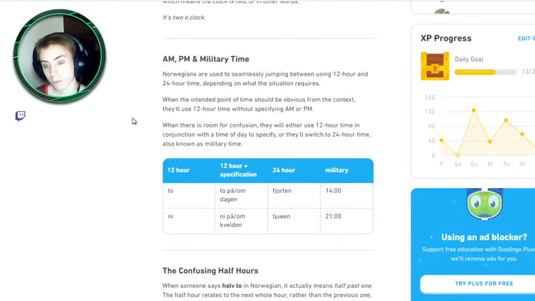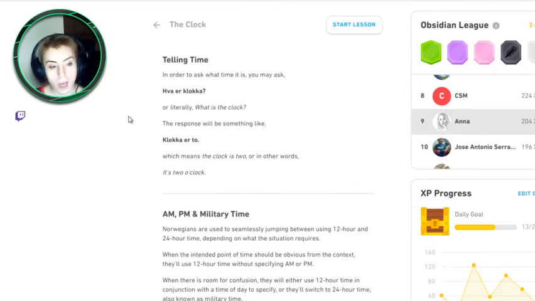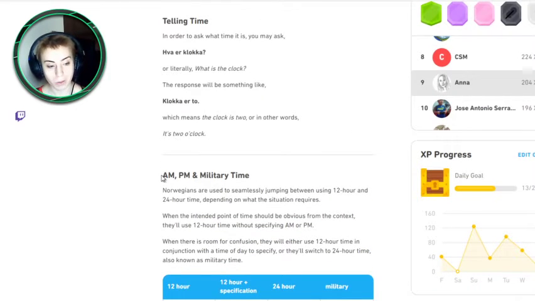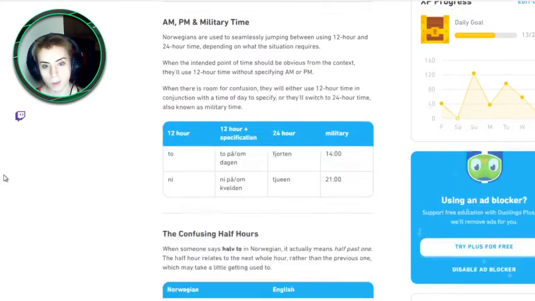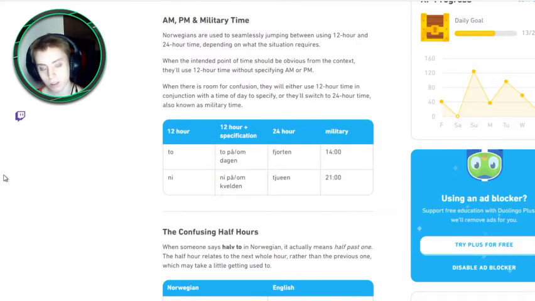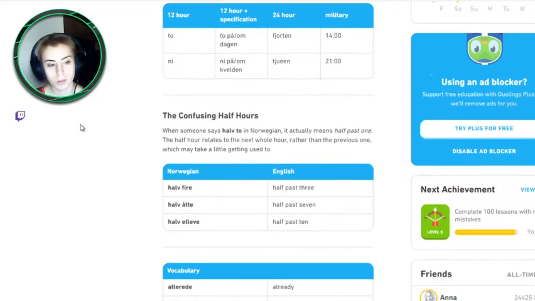Or fire or fem. And sometimes in Norway they'll use military time, so you might hear klokka 14. So in my American head, 12 plus 2 is 14, so 2 hours after 12 would be 2 in the afternoon.